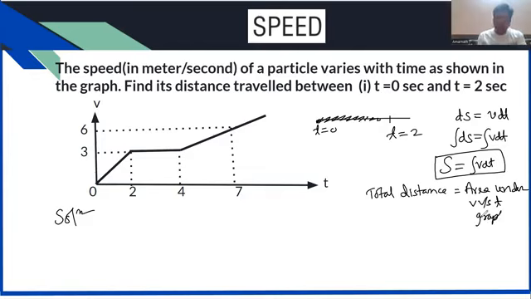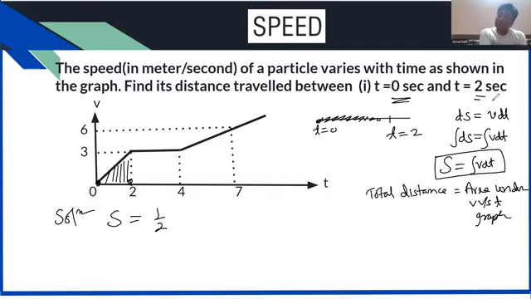So I need to calculate between t equal to 0 and t equal to 2. So I need to calculate this much area only. If it is a triangle, S equal to half into base into altitude. If it is a rectangle, it will be length into breadth. If it is a square, length square.